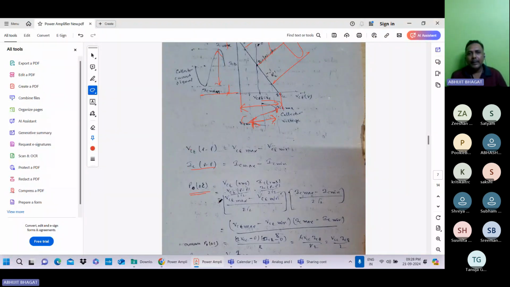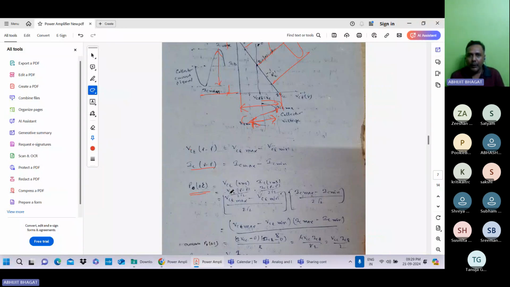Output AC power, the same formula we discussed in the last class. VC RMS value into IC RMS value. So output AC power equals the voltage across the output side into the current across the output side, VI, so VC RMS times IC RMS. Same as we discussed in the last class.